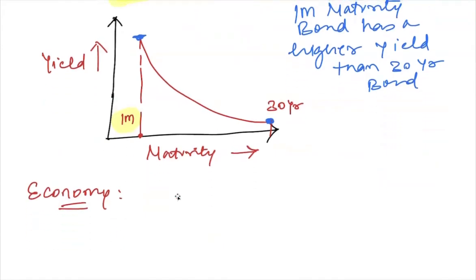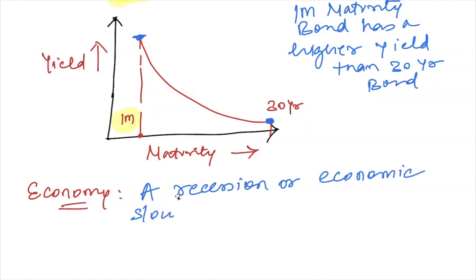So whenever you see the shape of the curve as this, it basically means that a recession or economic slowdown is about to happen.